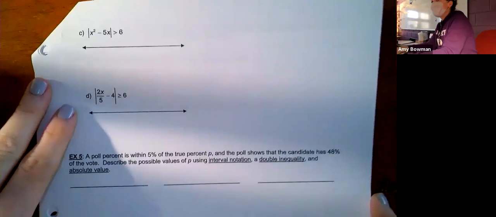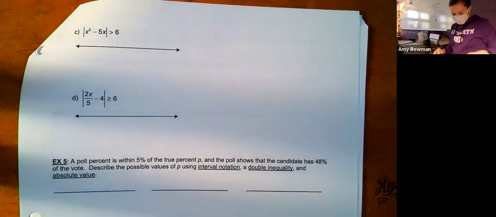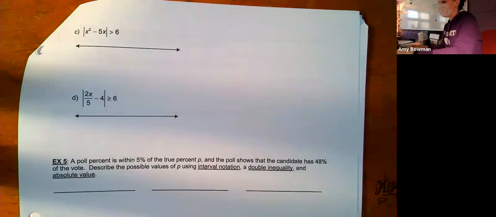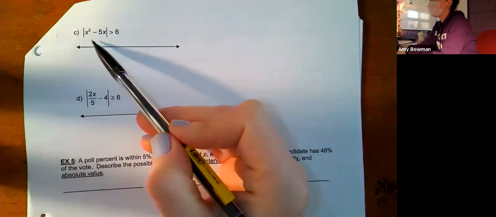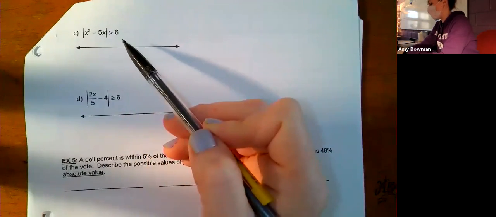There's definitely one that I really wanted to do. It was C. Okay. All right, the absolute value of x squared minus 5x is greater than 6. So the distance of x squared minus 5x to 0 is more than 6.